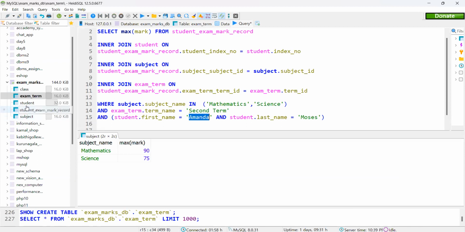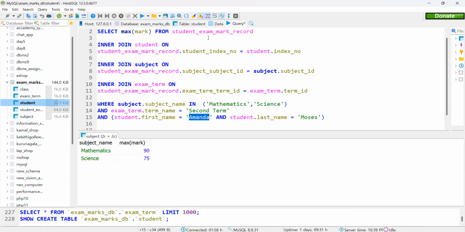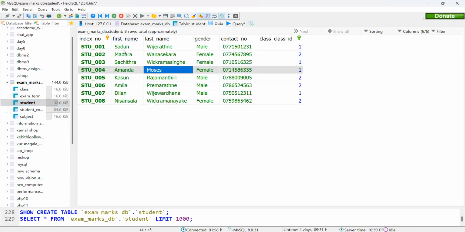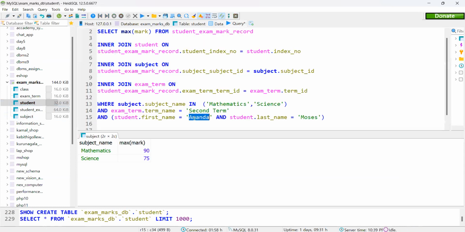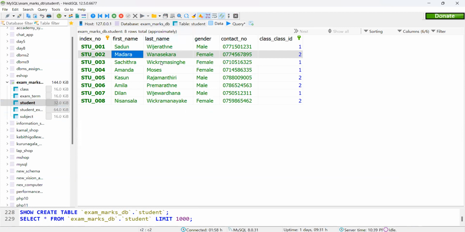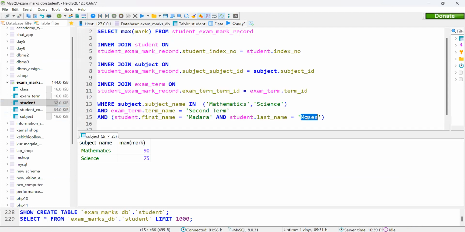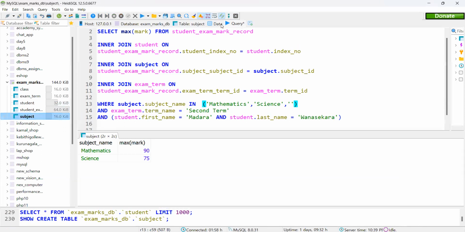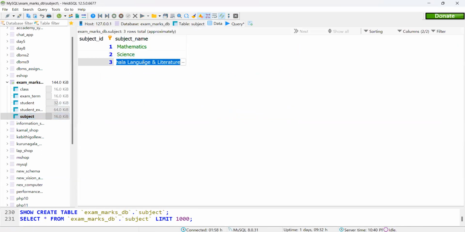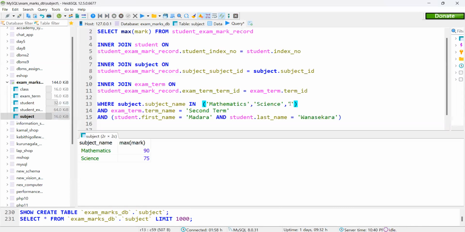Then we also change our name, Nadala, last name, say correct. We have to add the subject, the last one, Sinhala language and literature.